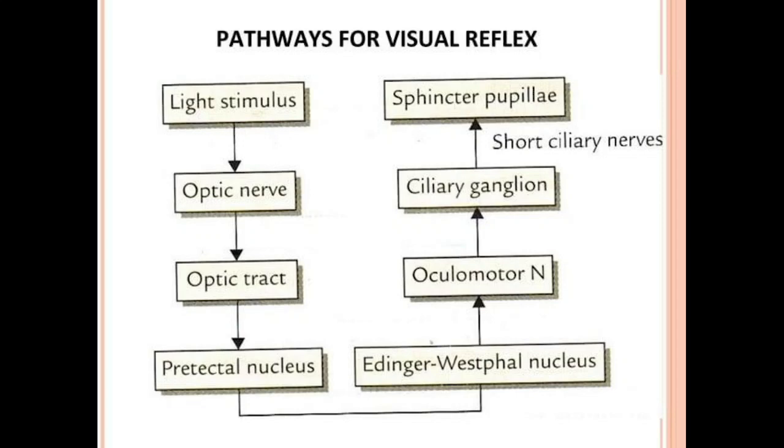Sixthly, the preganglionic neurons from the EWN synapse with the postganglionic neurons in the ciliary ganglion.